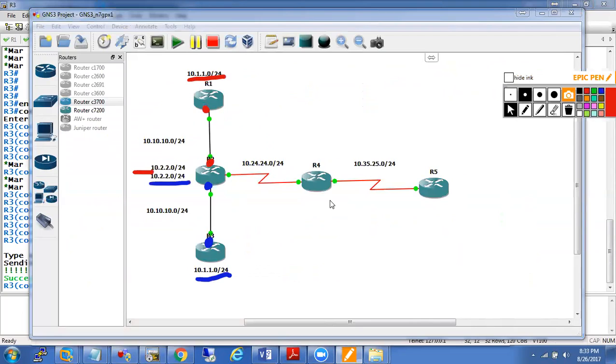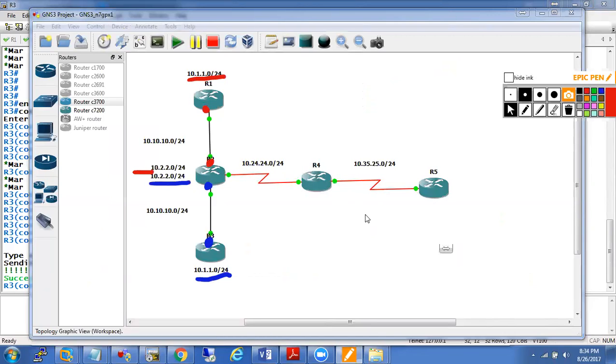Which VRF, which routing table would they be in by default? The global routing table, right? Everybody agree with that? GRT, absolutely.